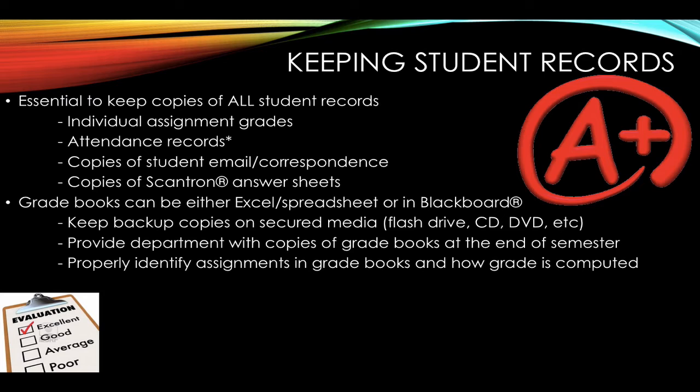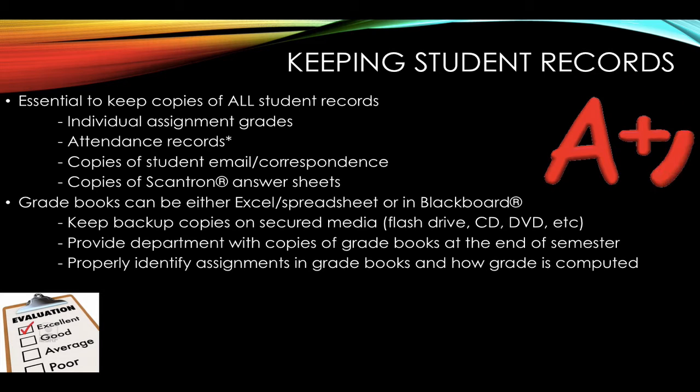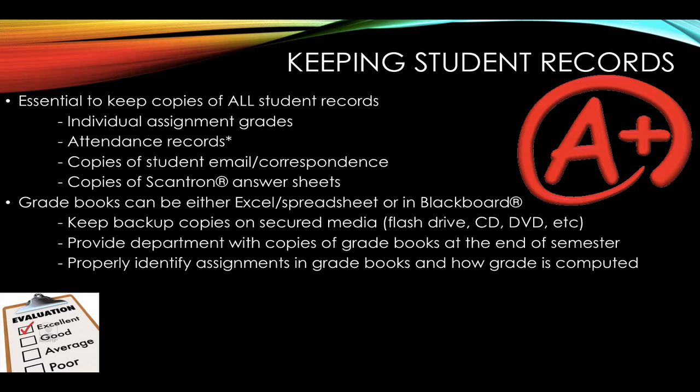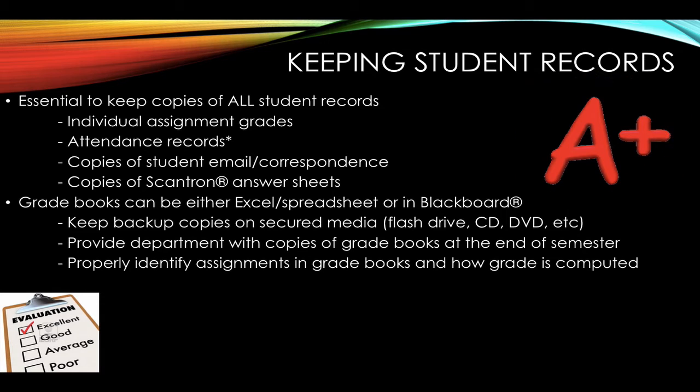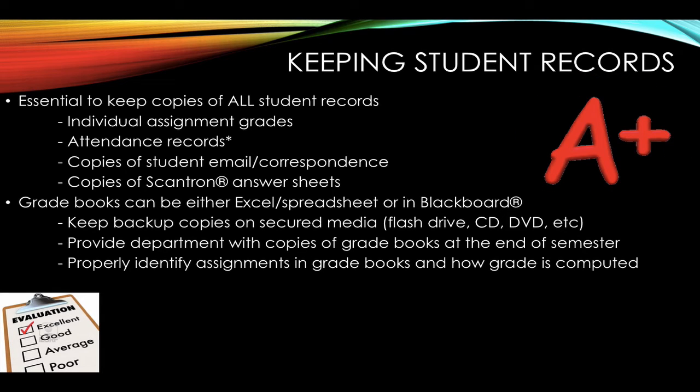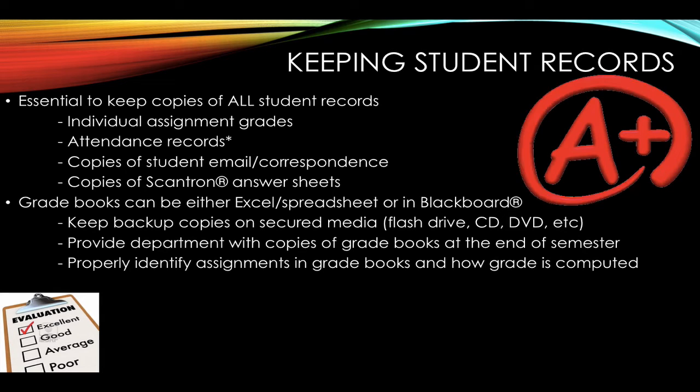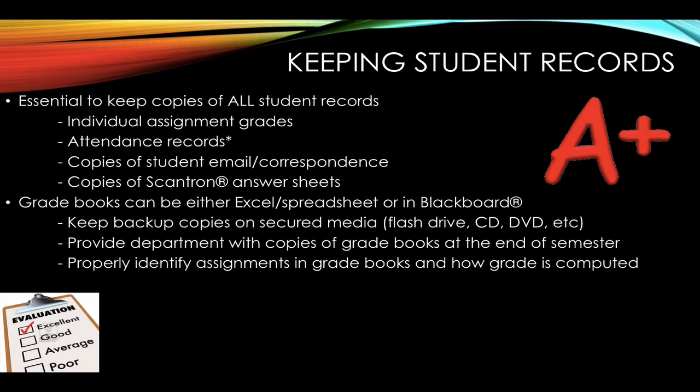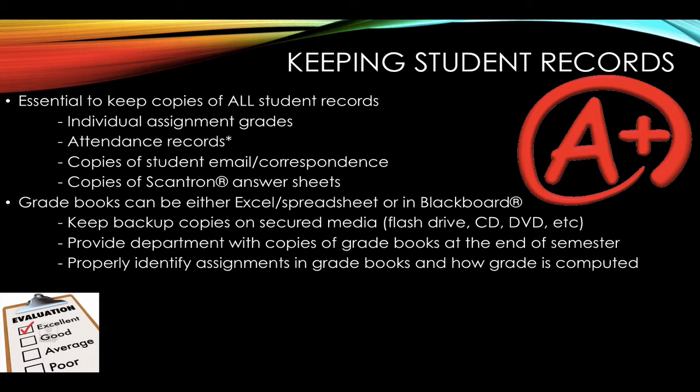One of the things that I like to do in my spreadsheets is, at the bottom, I'll make little notes about how the assignments were counted throughout the semester, or any alterations that I made. That way, if anybody ever has to go back, they know that Susie got an A, and here's how that was computed, and it makes sense, and it's consistent with how all the other students were graded as well.